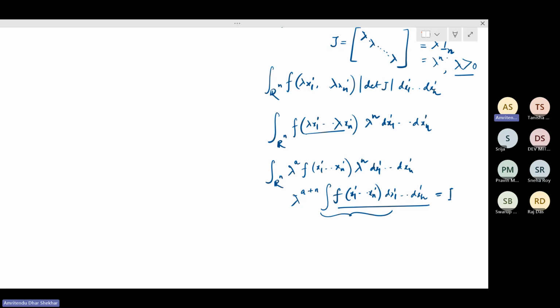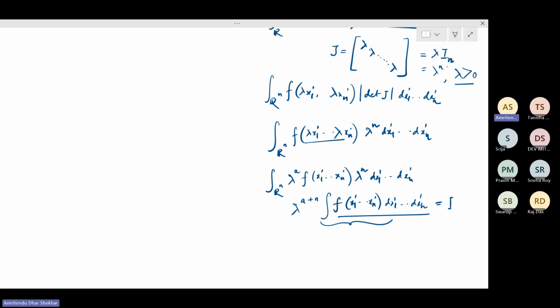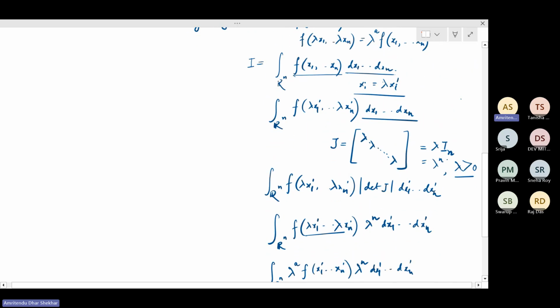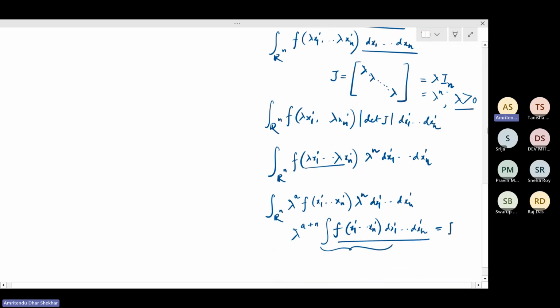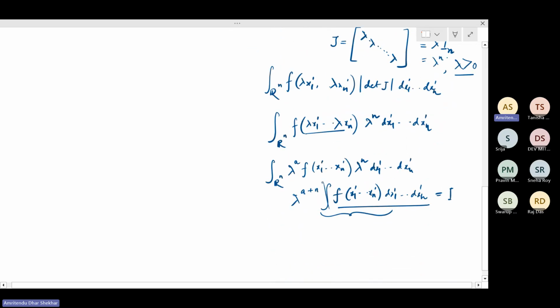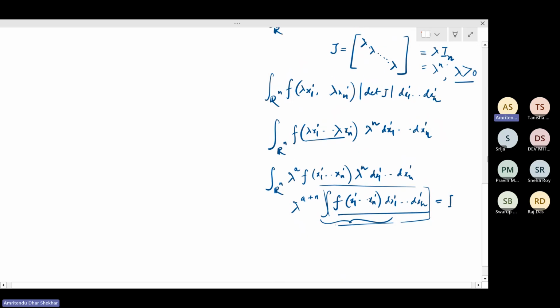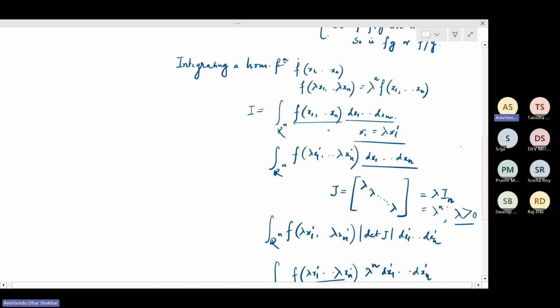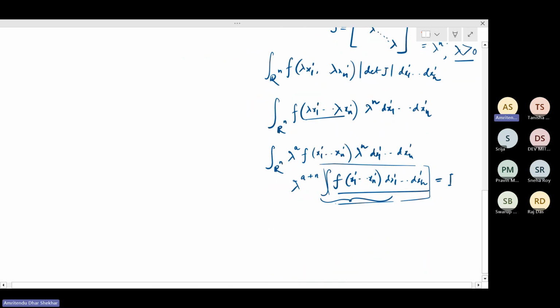If you're doing an integration with respect to one symbol, and if you use a different symbol for the integration, then the integration remains the same. So just this part is just this part, but using a different symbol. Instead of using x's, we're using x1 primes to do it, right?